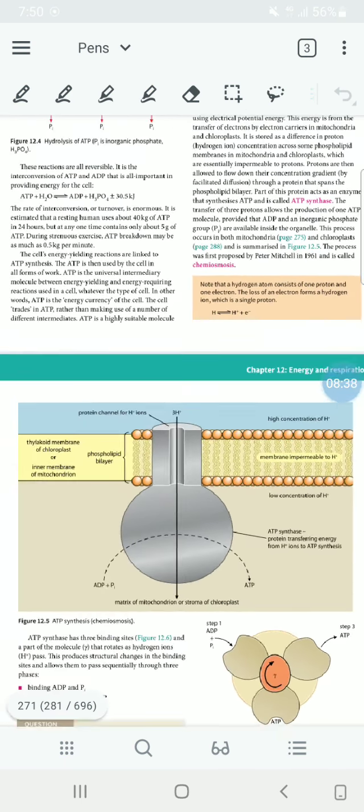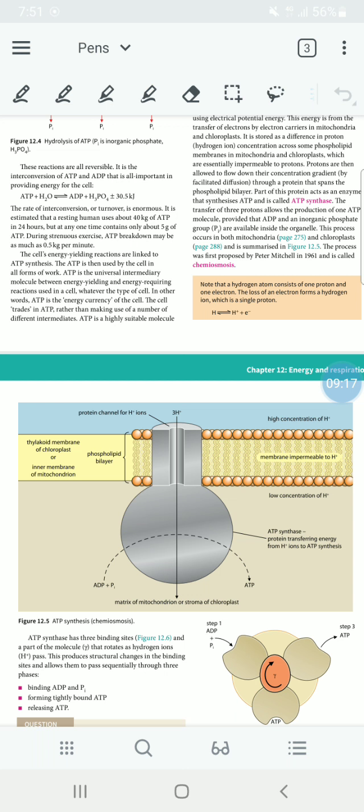As you can see, if the diagram is not clear, please have a good look at your textbook. There is a phospholipid bilayer. Then there is a protein channel that passes through the phospholipid bilayer. So it could be the thylakoid membrane of the chloroplast or the inner membrane of the mitochondria. The protein channel will allow 3 hydrogen ions to enter the inside of the mitochondria or the chloroplast.